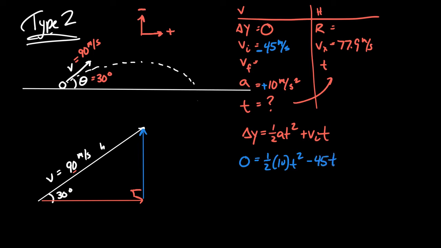Now you need to figure out time. Not too hard, because this is really going to be 5t squared minus 45t. And I know you have a compulsion to just divide by t, or something like that. Maybe move the 45t to the other side. Don't do that. Factor. Please, factor.